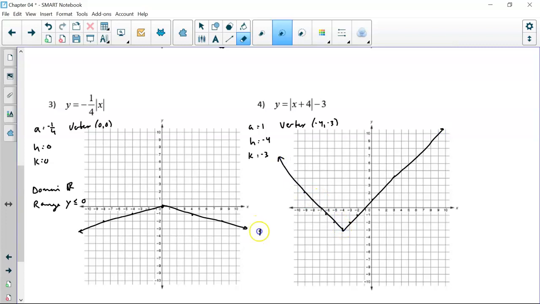Our domain, all real numbers, and our range, y is greater than or equal to -3. And there's our graph.